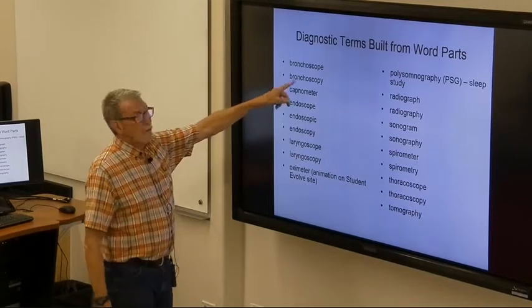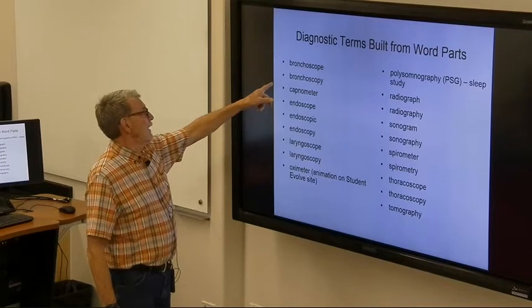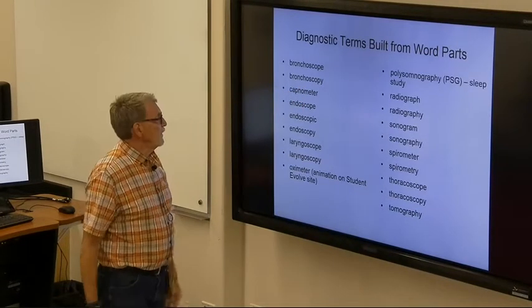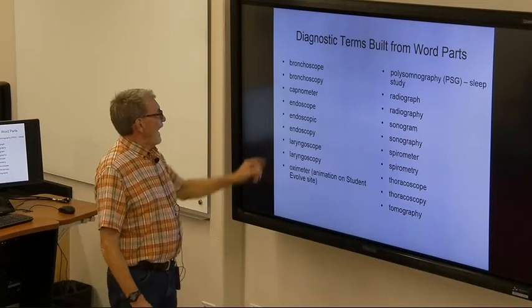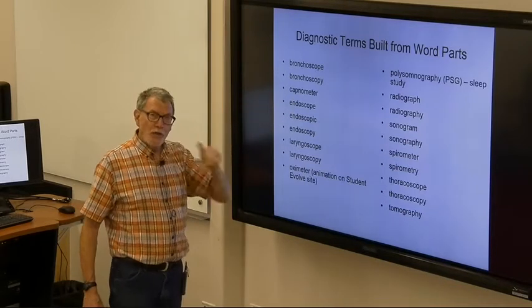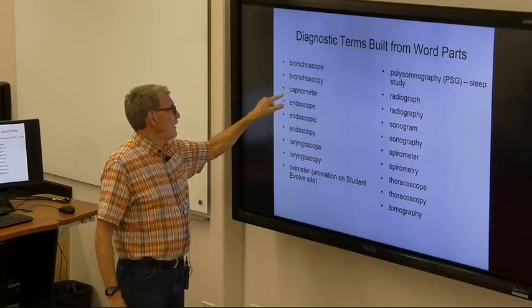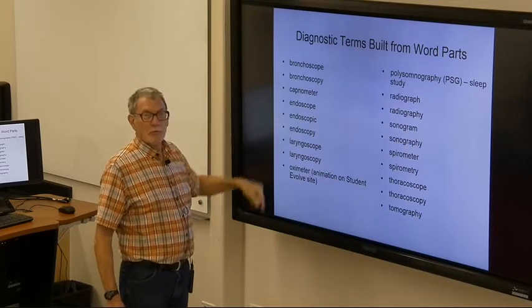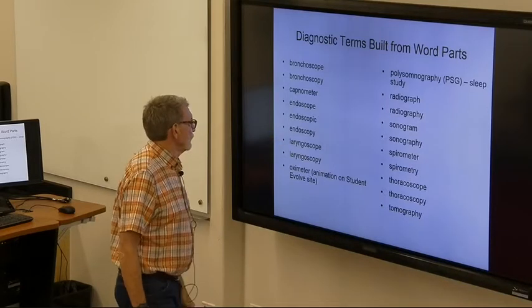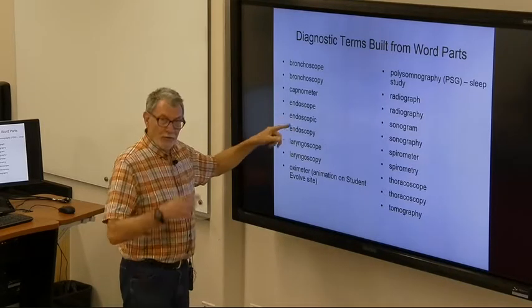A bronchoscope, look in the bronchi. Bronchoscopy is the field. A capnometer. Remember, capno is CO2. Capnometer. Endoscope, looking down inside somebody.